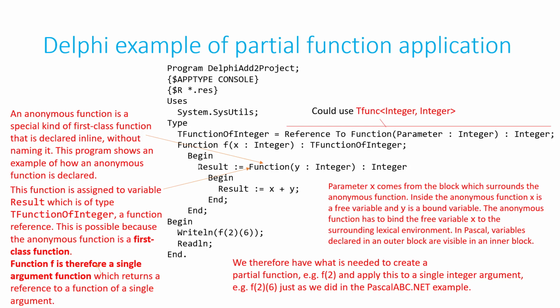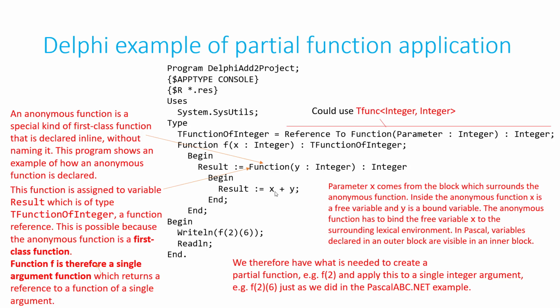At this point we define an anonymous function. It's an unnamed function with the keyword function. It has a single integer argument and it returns a value of data type integer. And this function performs addition.